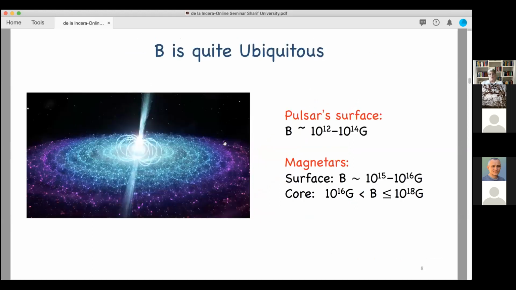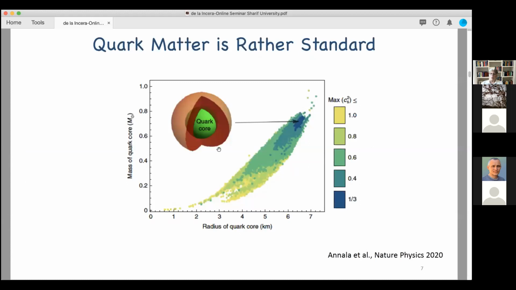Sorry, what is the meaning of standard here? Standard in the sense that what this paper found is that for all the massive stars, they used this speed of sound interpolation method, among many others, but they used that one. It's a method they developed.